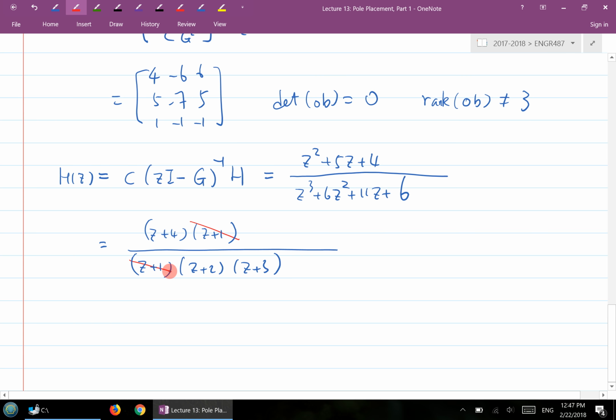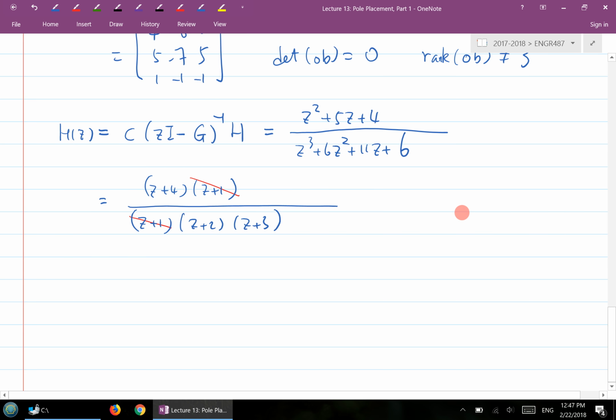So the actual order of the system is not 3. It's actually 2. This is basically one of the conditions that we mentioned that it doesn't satisfy. So that's why it's not both controllable and observable.